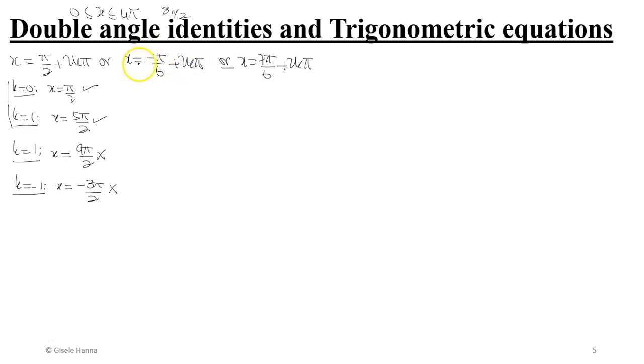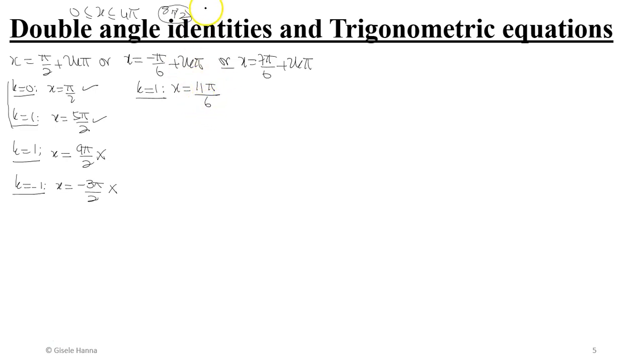Now over here, for k equals 0, the angle is negative, so we're going to skip that one. So let's just start with k equals 1. So it's 12 minus 1, which is 11 pi over 6. Now let's write 4 pi as a fraction with a denominator of 6.